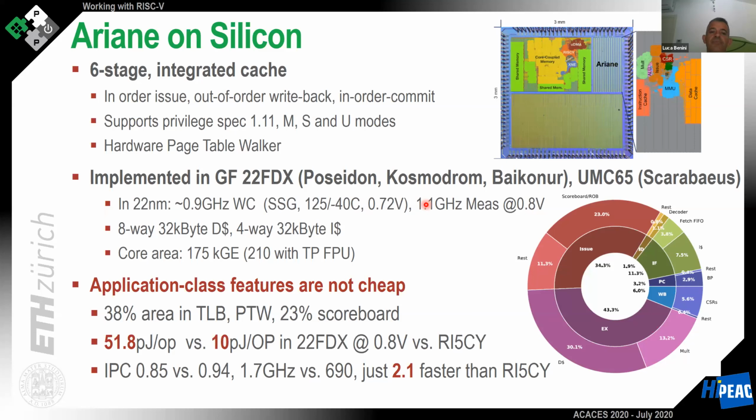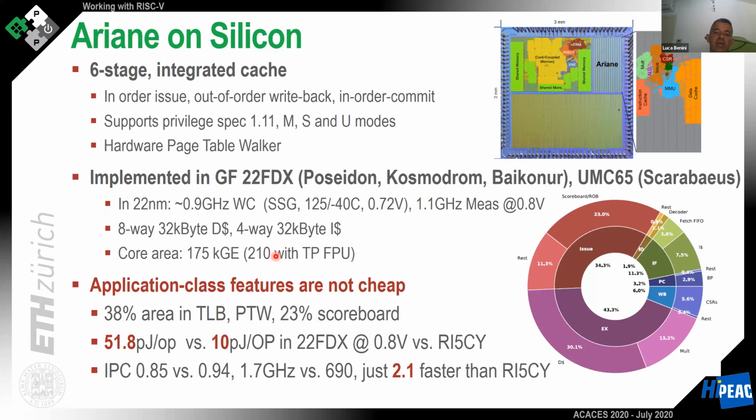So it is meeting the target. The core area is, as expected, larger than 100 kilogates, around 175 kilogates. And if you put an advanced floating point unit, it reaches 200 kilogates.